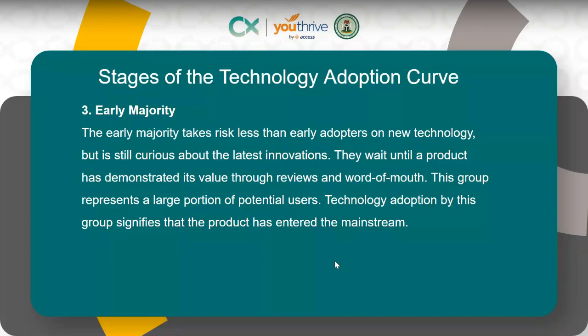You go on Konga or Jumia, and you want to buy a product and you look at the product and you don't see any review on it. If you're an early majority, you will not buy that product because you didn't see any review. Do you get? You automatically know that you're an early majority. If you're looking for a review and you don't see one, you will not just buy it.